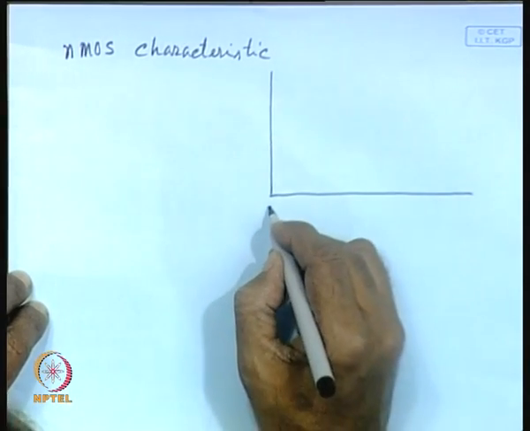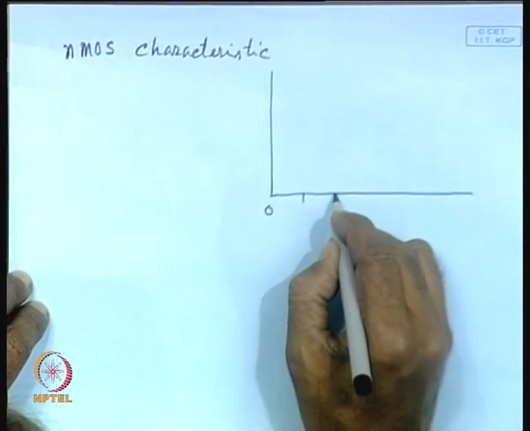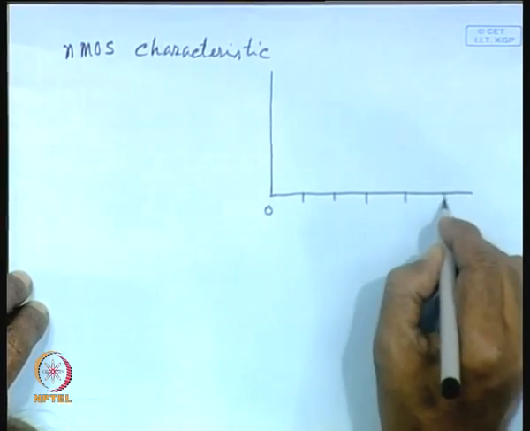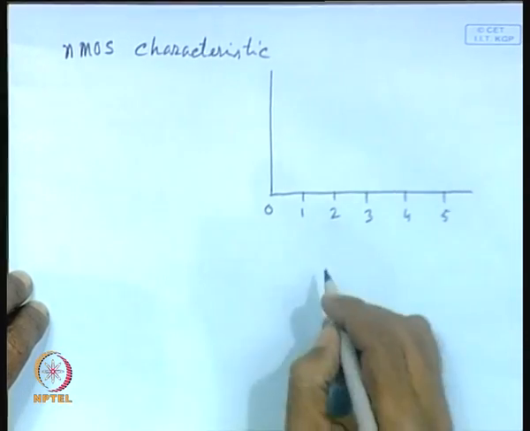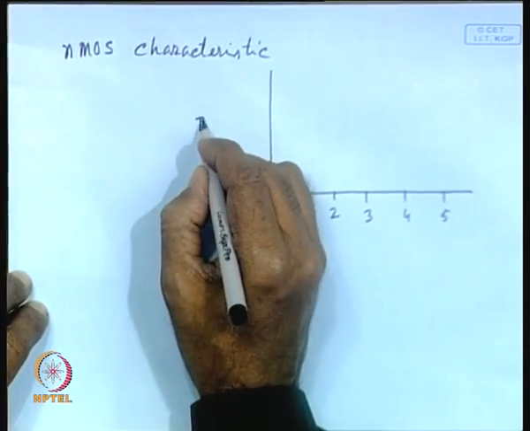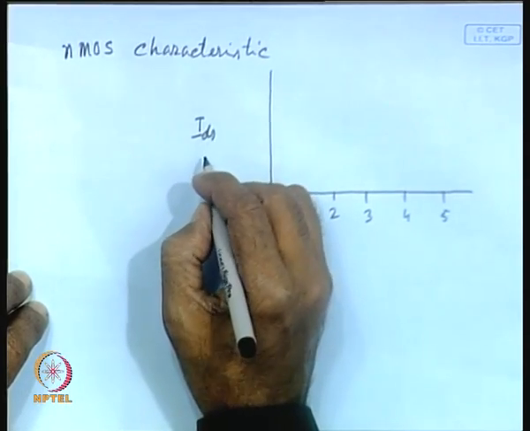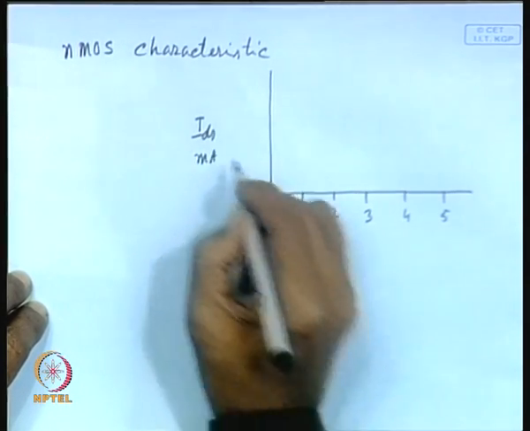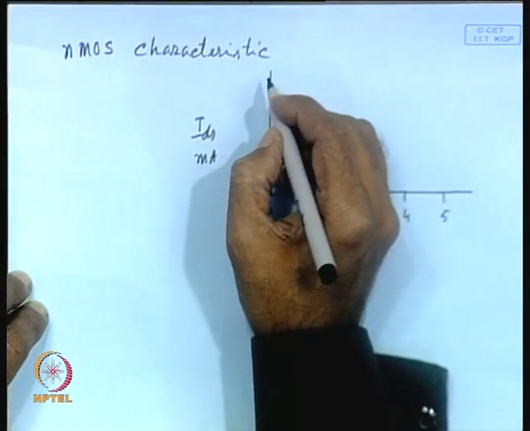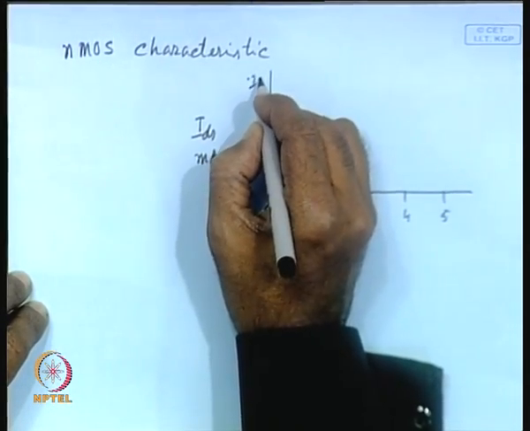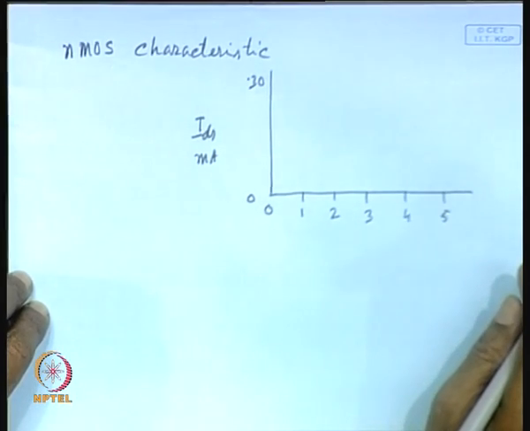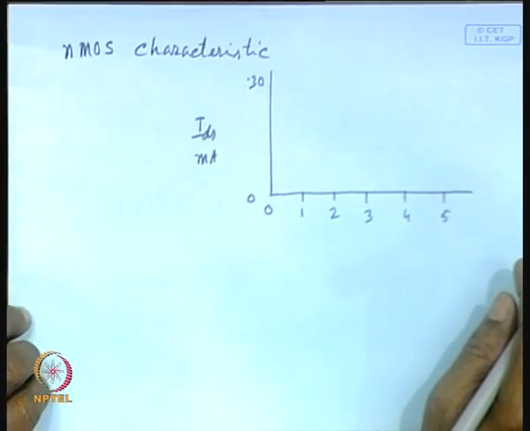Let us assume the drain voltage varies as 1 volt, 2 volt, 3 volt, 4 volt and 5 volt. And this IDS usually varies in the milliampere range, so let us assume 0 to 0.30 milliampere. Usually it will vary in this region.